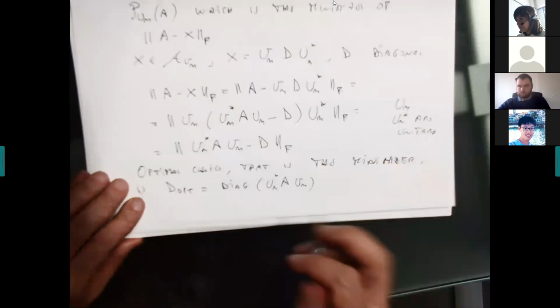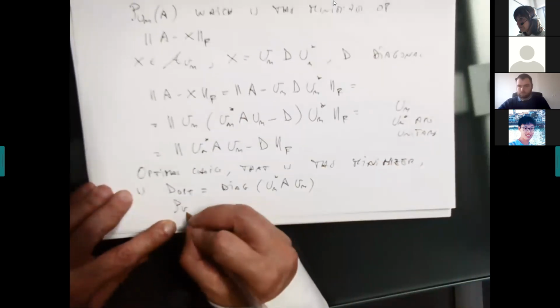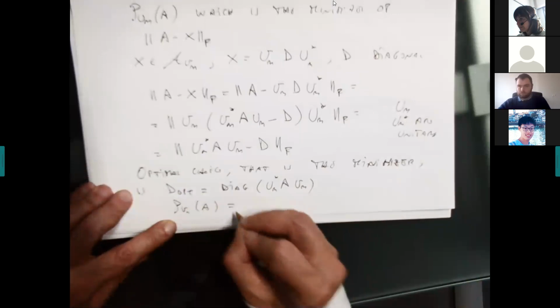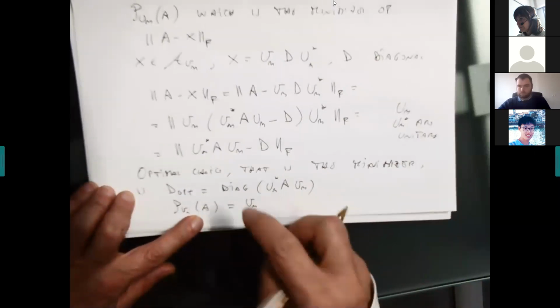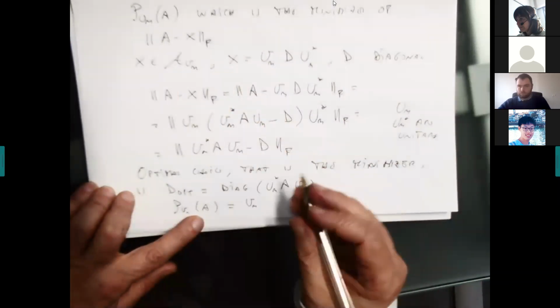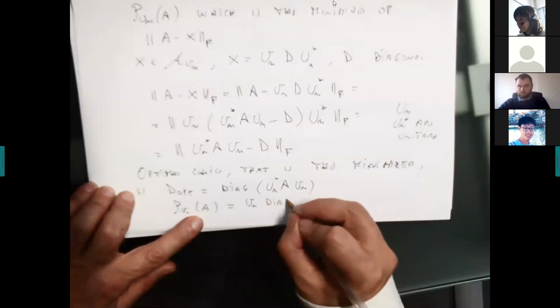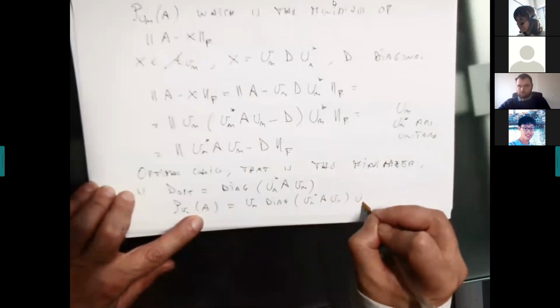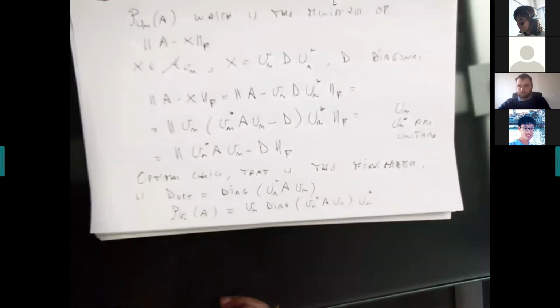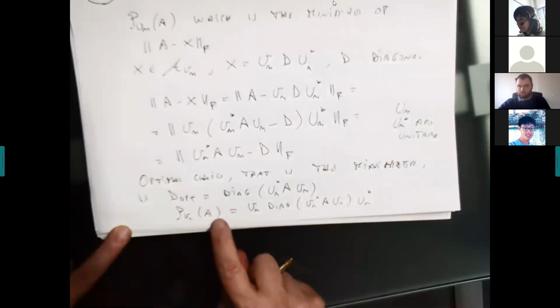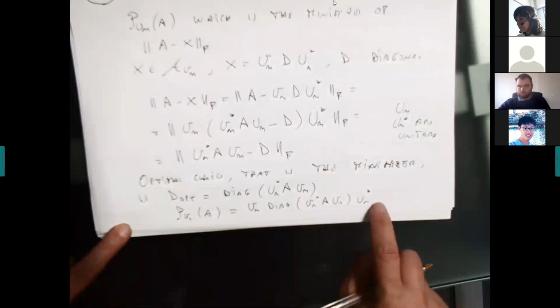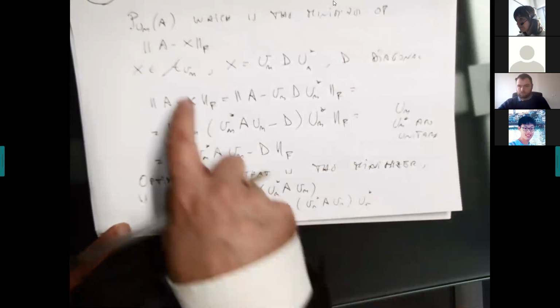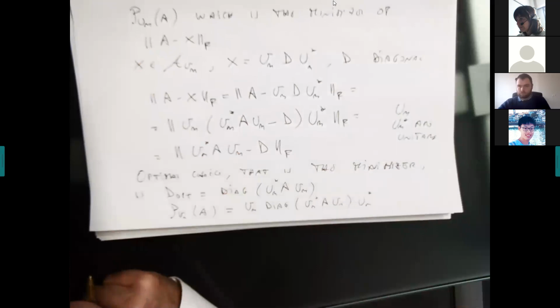And since this is true, your P_U_n(A) is equal to U_n diag(U_n star A U_n) U_n star. This is the optimal choice, given your matrix A, for the preconditioner, in the sense that it minimizes the Frobenius distance.